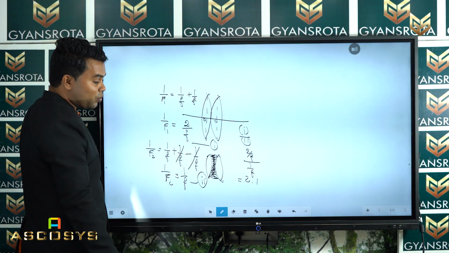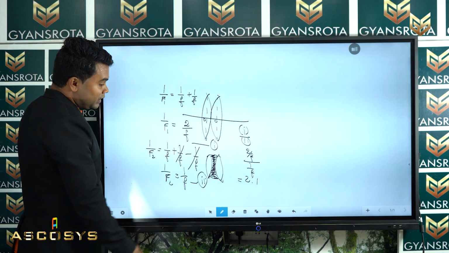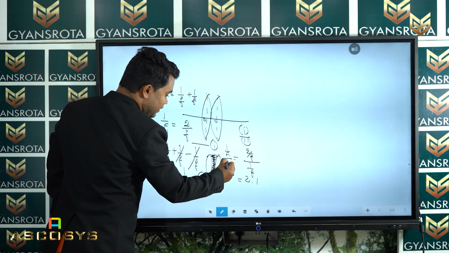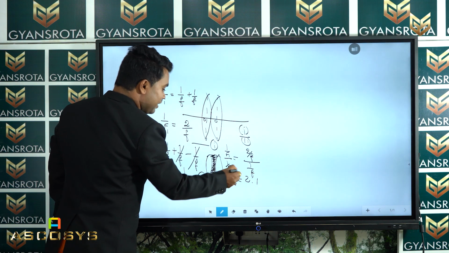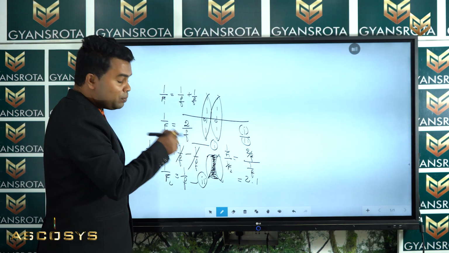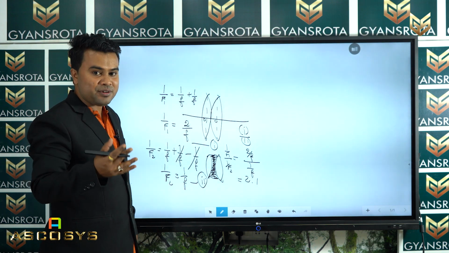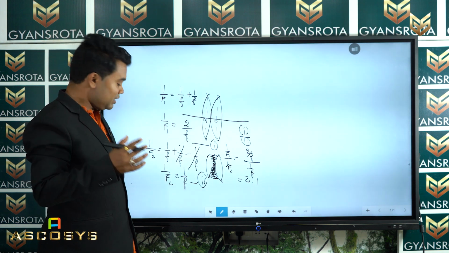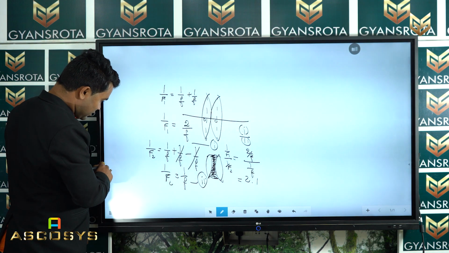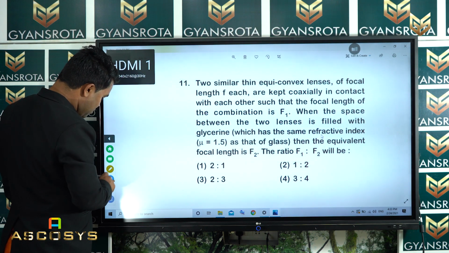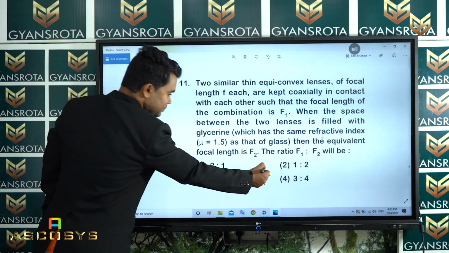F gets cancelled out. Now one more thing, if I take 1 divided by 1 by f2, f2 will go up. That means f2 by f1 will be 2:1. Therefore f1 by f2 will be 1:2. Now which is there in the options? We see option number 2, that is 1:2. So this is the correct answer.